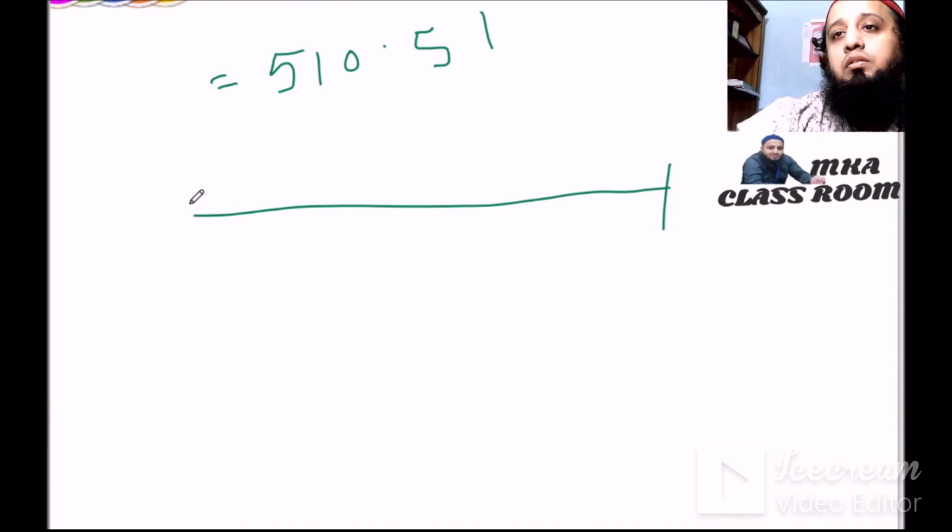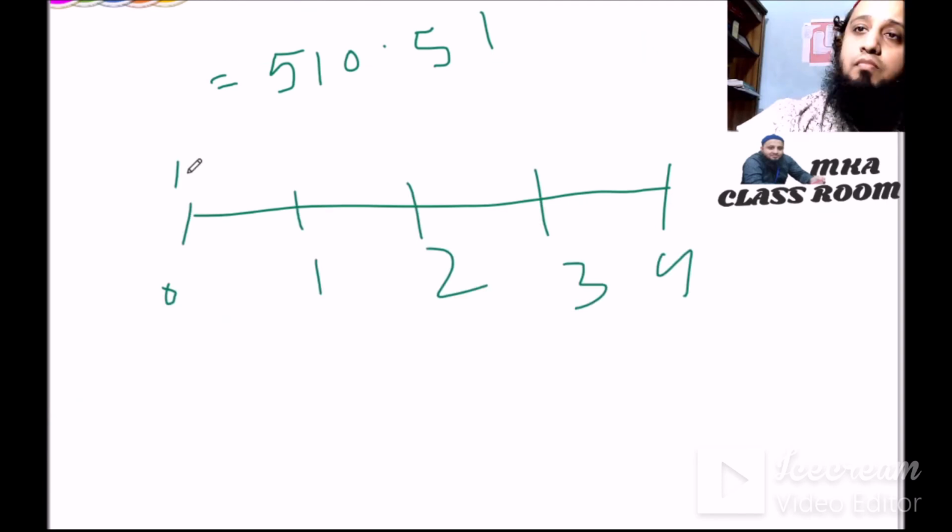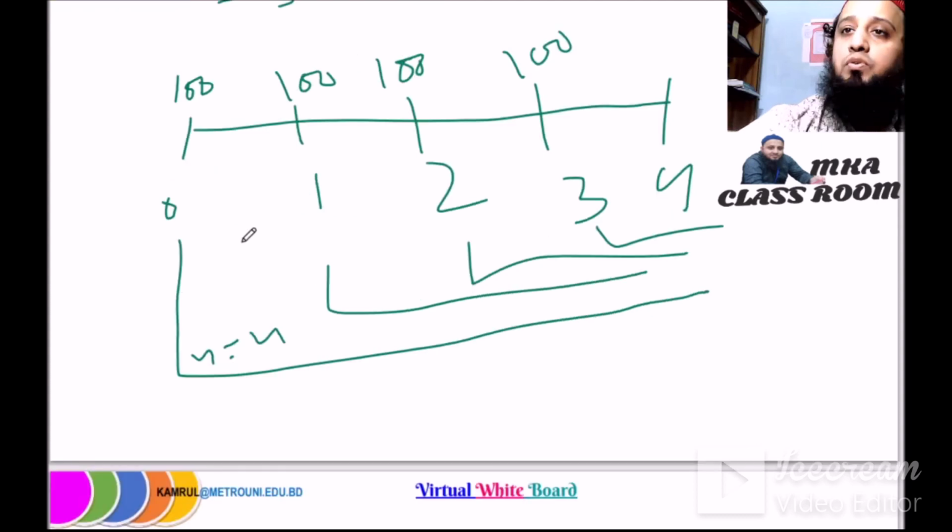And for this problem you can use the timeline method. 100, 100, 100, 100. Here n should be 4, for the first payment, 3 for the next, 2, and 1, so that is our fourth payment.